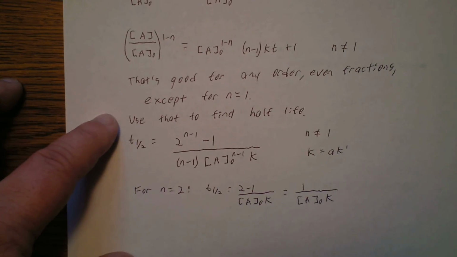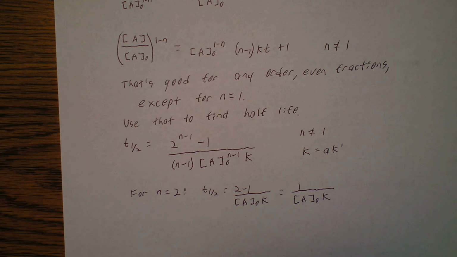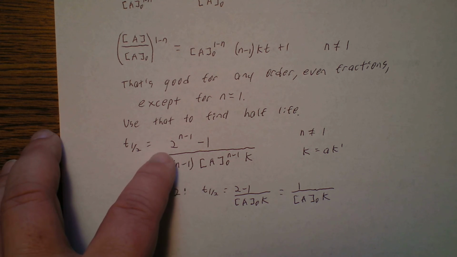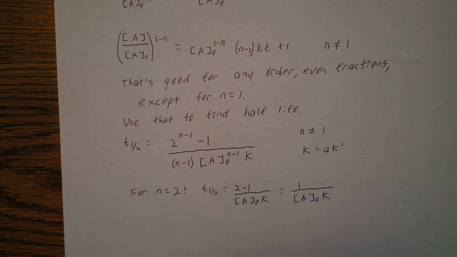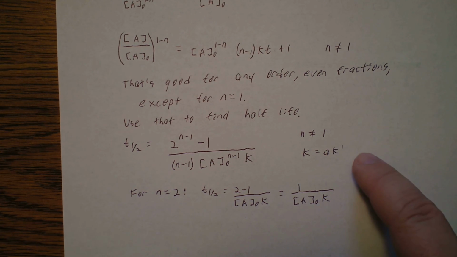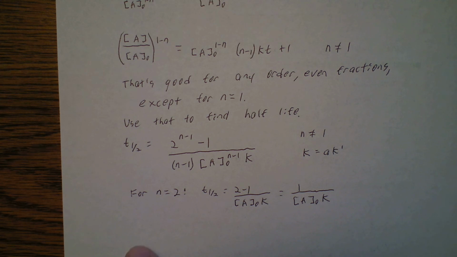So we can use that to find a half-life too. We can say t half is equal to 2 to the n minus 1, minus 1, divided by n minus 1 times the initial concentration of A to the n minus 1 times k. And again, n is not equal to 1, and k is equal to a times k prime.